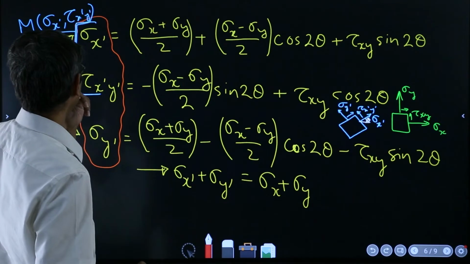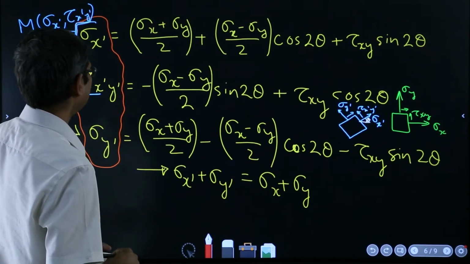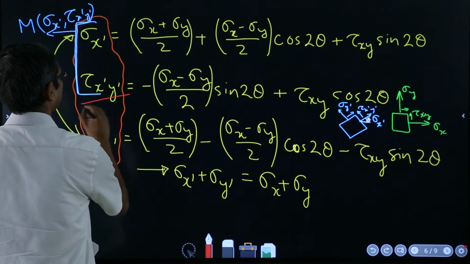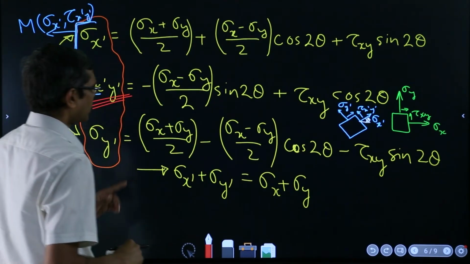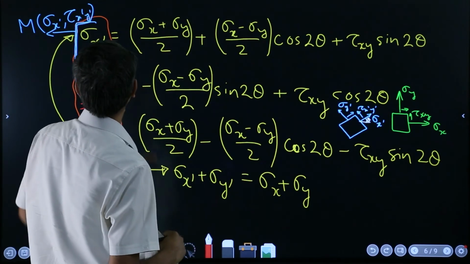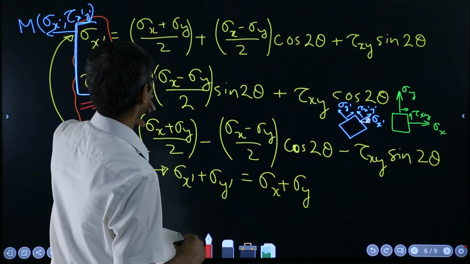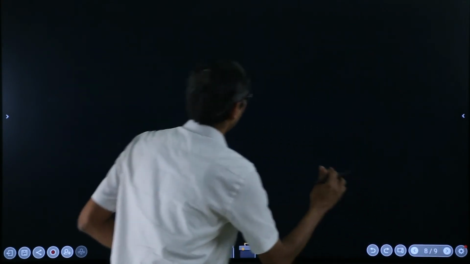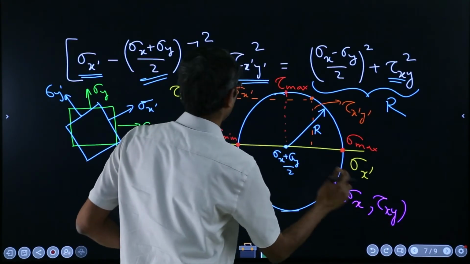For example, this one, okay, just see this expression. Now this corresponds to, so this expression, where did I go?